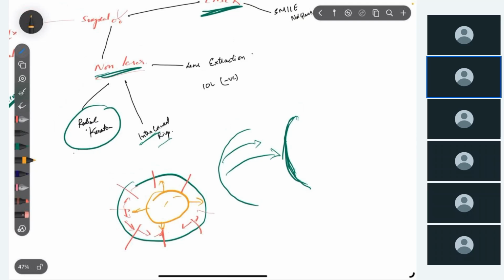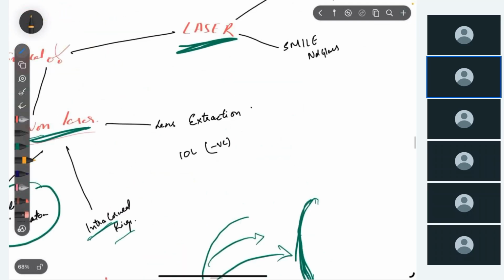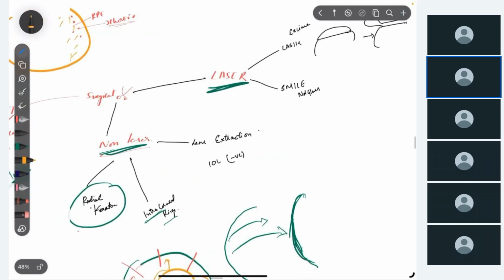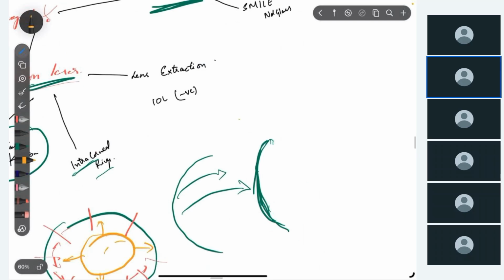If the person has very high myopia, more than minus 21 diopters, at that time you can remove his lens itself. If you remove the lens, the refractive medium is itself removed, and thereby you can correct his myopia.